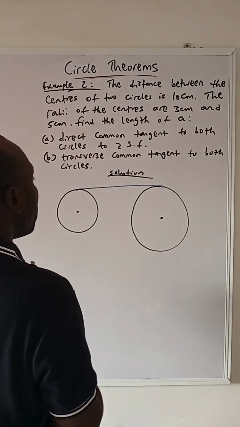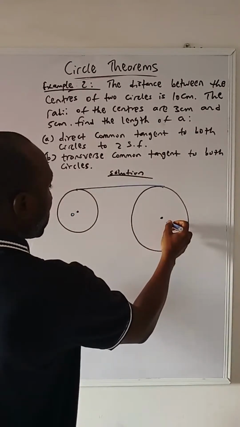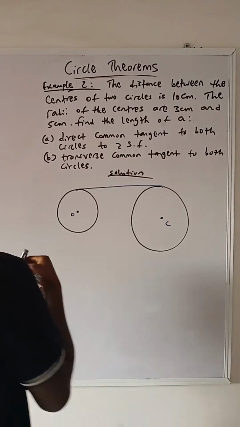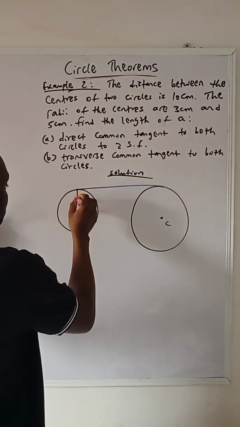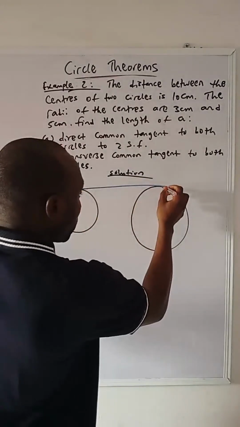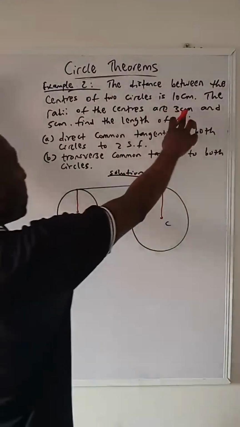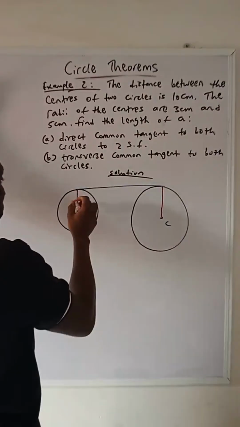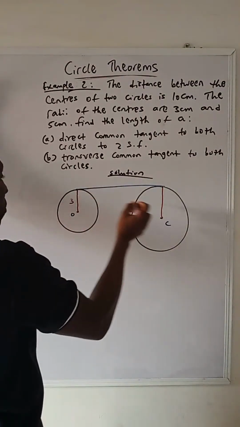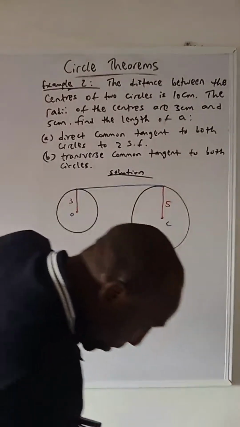Let's call this center O. Let's call this C. And what I have here is a radius, another radius. We're told that one of the radii is 3 centimeters. So this is 3, while this is 5. I hope you are with me.